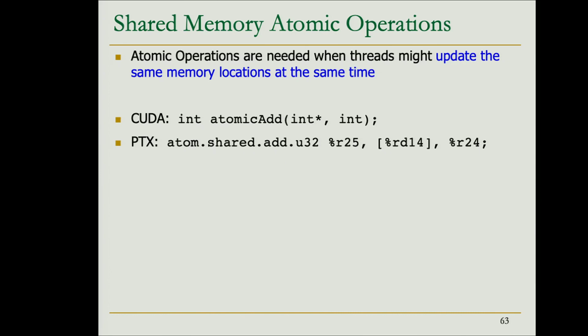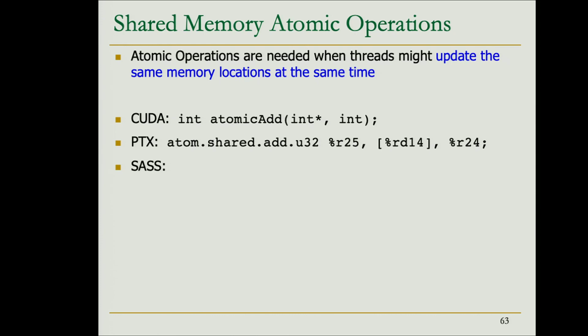That is why there is an intermediate layer in the compilation flow called PTX. This is common for all GPUs, but then you can go to the specific assembly code, called SASS, for the different architectures.